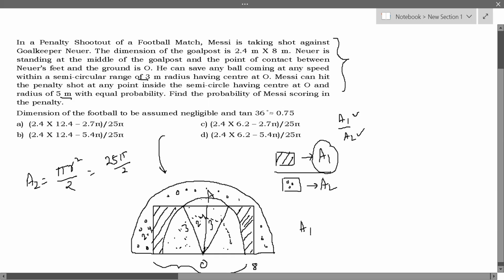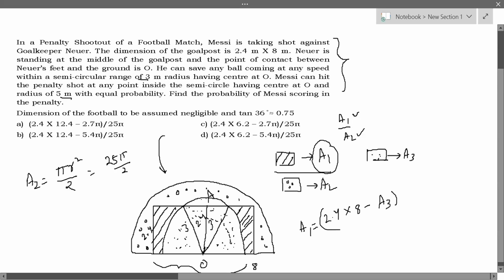So A1 is equal to 2.4 into 8 minus the area of this dotted region. Let's call this region A3. So 2.4 into 8 minus A3 is the value of A1. So we'll just have to solve the value of A3.